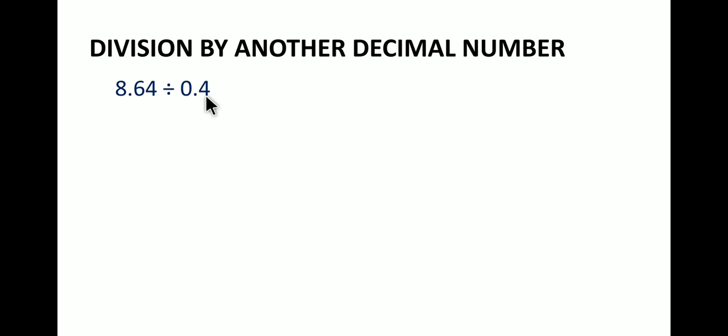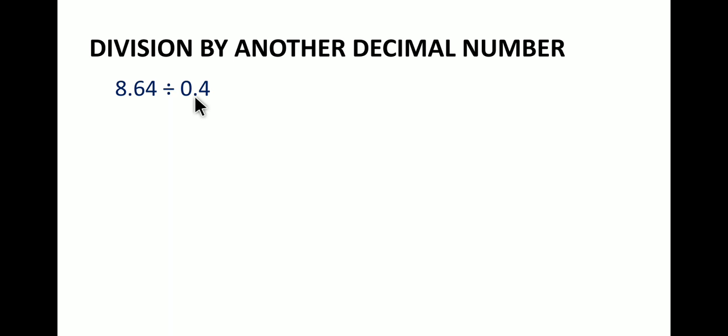So the first thing that you will do is you will remove the decimal from the divisor, not from the dividend. The number which will be used to divide needs to be free of decimal point.